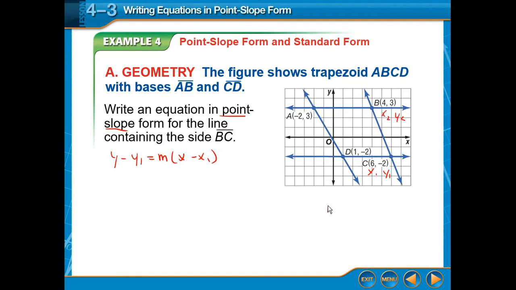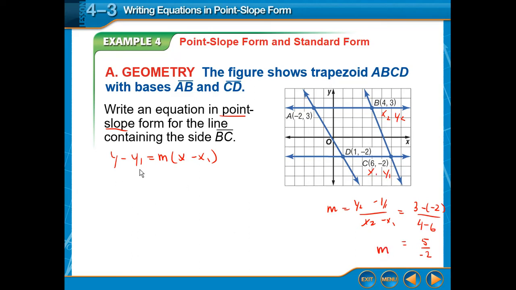So I'm going to use both points to find the slope. Remember, slope is y2 minus y1 over x2 minus x1. So y2 is 3 minus a negative 2 over 4 minus 6. And so I get 5 over negative 2, negative 5 over 2. So this is my m. Then I'm just plugging in those things that I have.